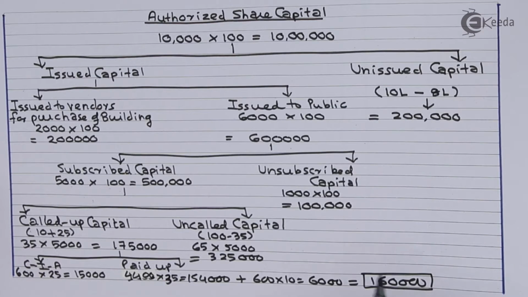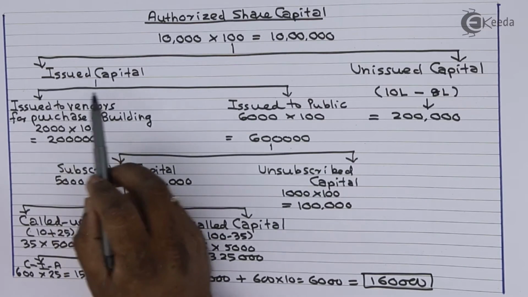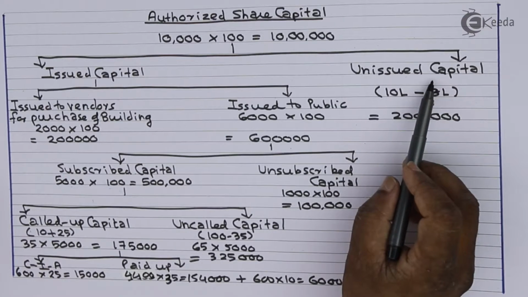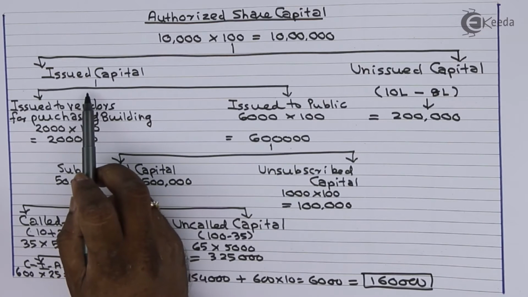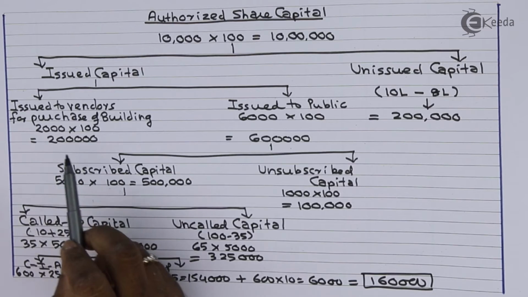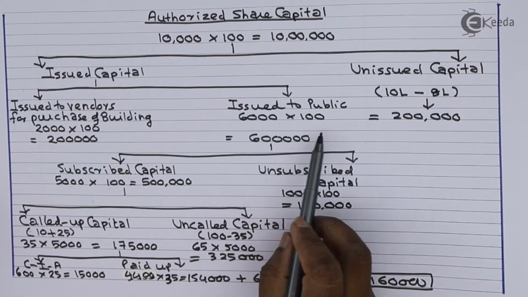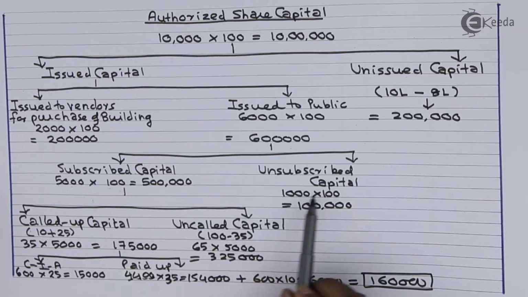So we have calculated authorized share capital, issued plus unissued capital. In case of issued capital, issued to vendors, issued to public. In case of issued to public, subscribed capital, unsubscribed capital.